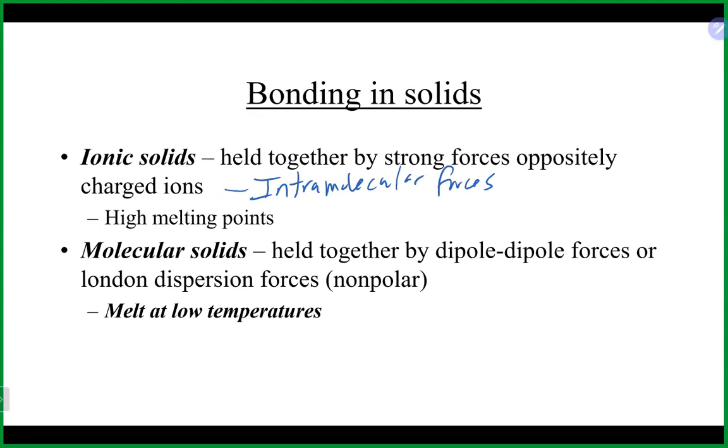It'll never go into the gas phase. It will really just start to melt at some point, and that takes a lot of energy just to get it to start to melt. And again, that's because that intramolecular force is pretty much as strong as you could get to hold those things together. Molecular solids, on the other hand, are held together by intermolecular forces.